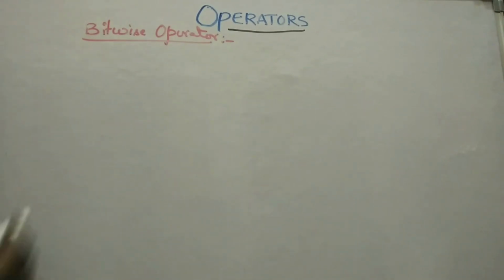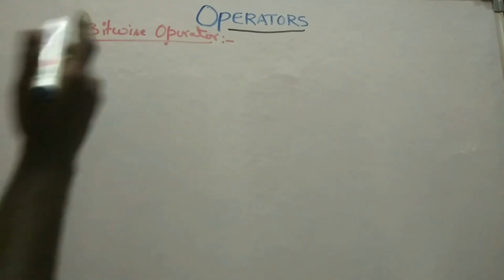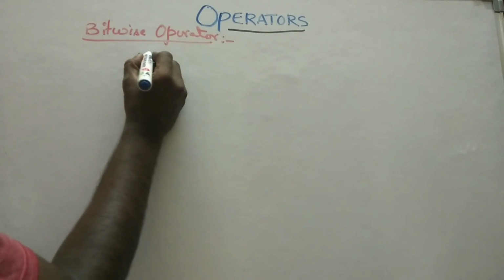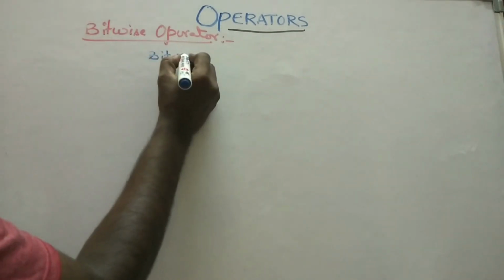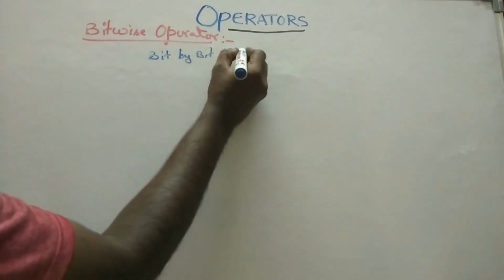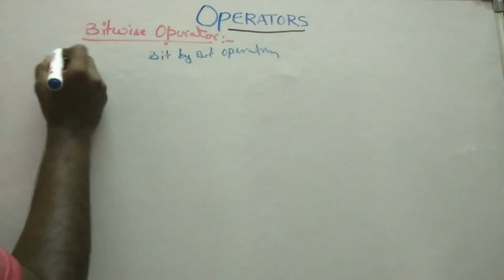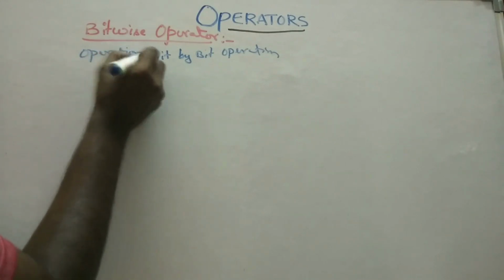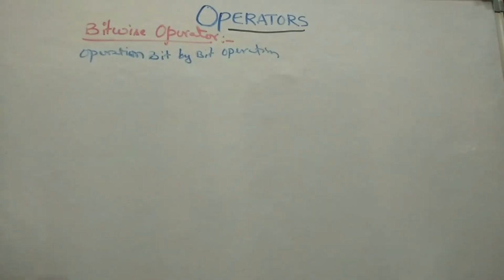The bitwise operators are used whenever we perform an operation bit by bit, on bit position. Whenever you perform an operation by bit position, then you use the bitwise operators.